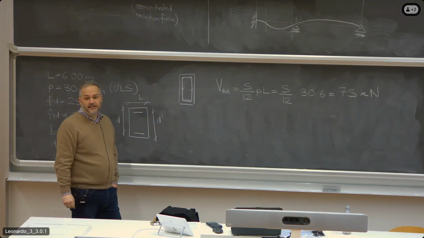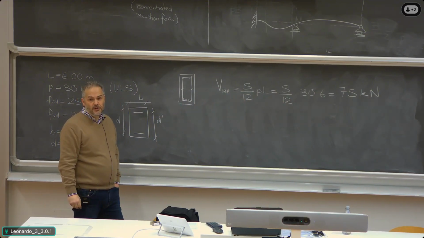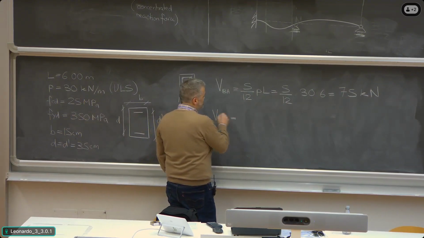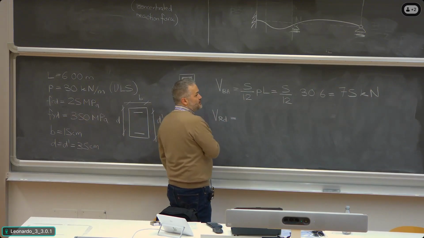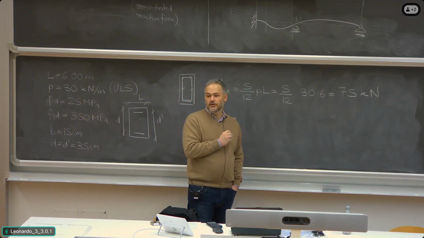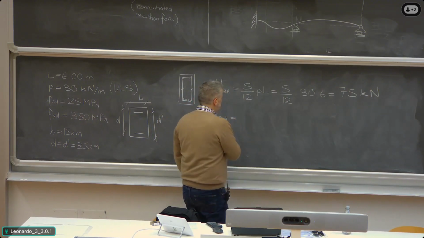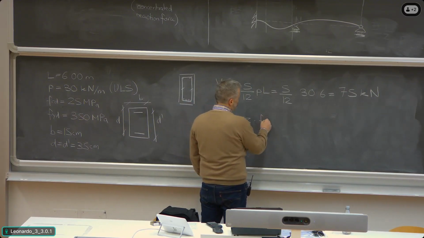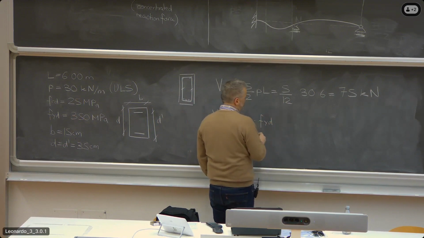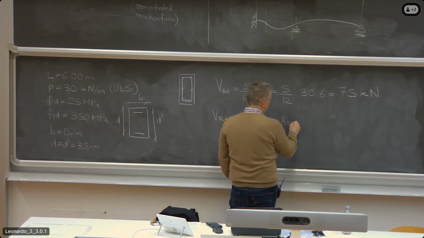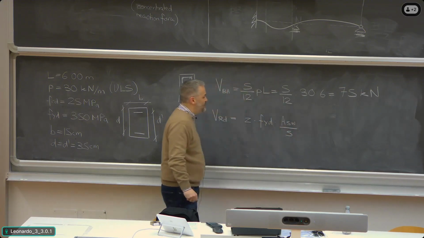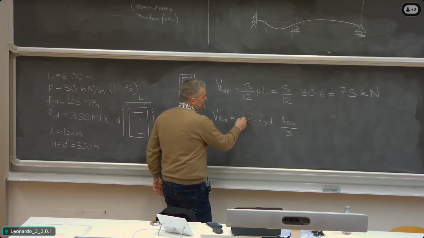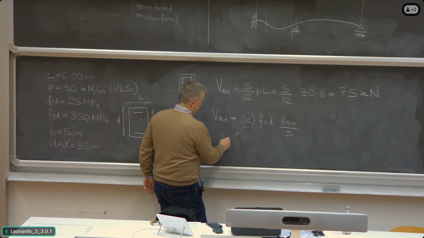How do we design the spacing of the stirrups? We have to remember that the resistance provided by stirrups, assuming Ritter-Mörsch behavior, is given by the following equation: Z times FYD times ASW divided by S, where Z is the internal lever arm, which we can approximate to 0.9D.